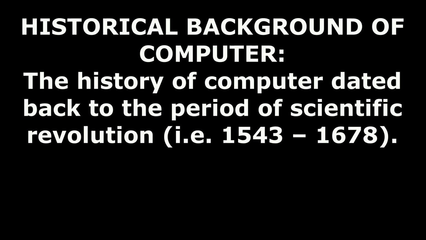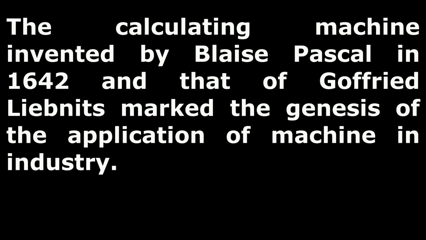Historical background of the computer. The history of the computer dates back to the period of the scientific revolution, for example, 1543 to 1678. The calculating machine invented by Blaise Pascal in 1642 and that of Gottfried Leibniz marked the genesis of the application of machines in industry.